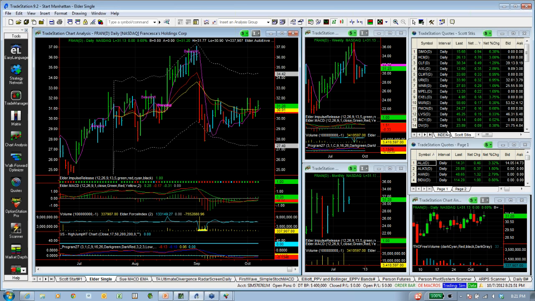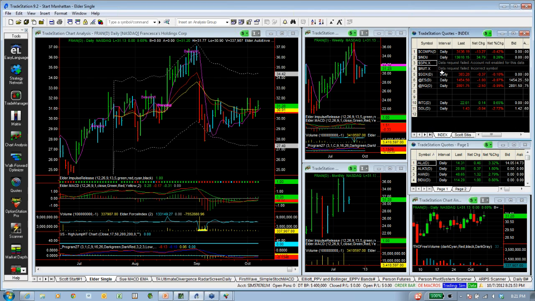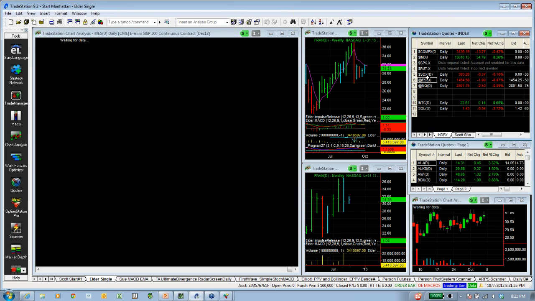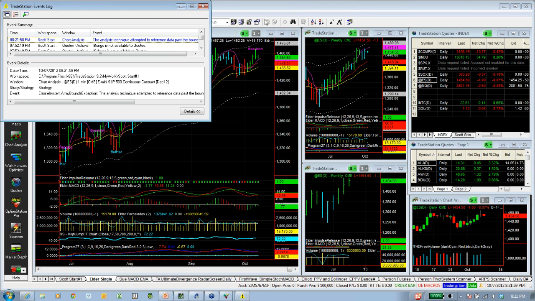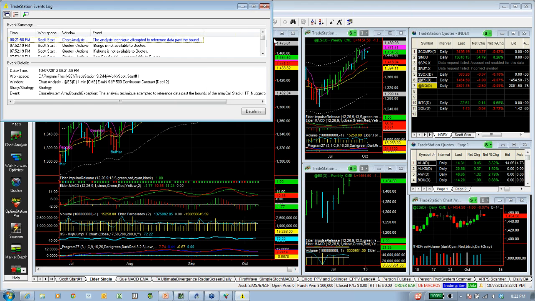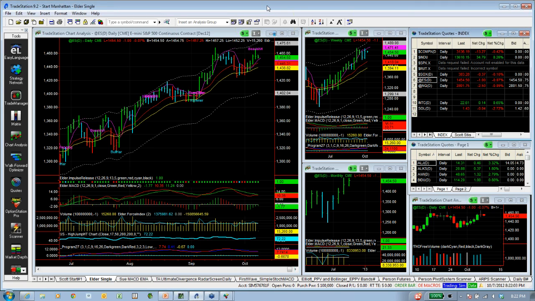If we look at some of the Elder indicators, on the free feed that I get for this beta version, they don't give you all the futures for free, which is interesting since I get them on my regular version.